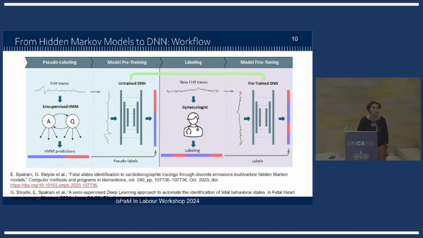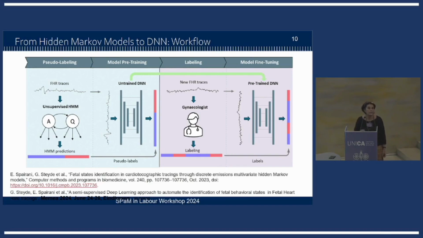It's a hidden Markov model. The hidden Markov model starts from data and produces a labeling in quiet and activity. These pseudo labels were used to train a deep neural network, and this neural network obtains a classification.